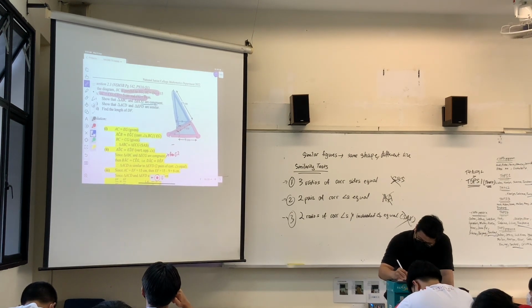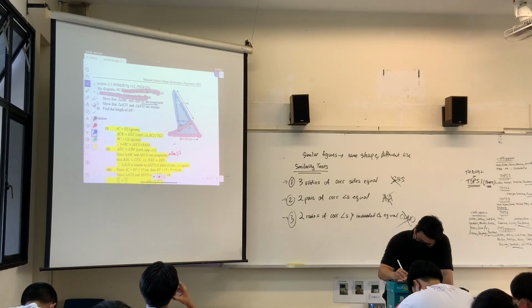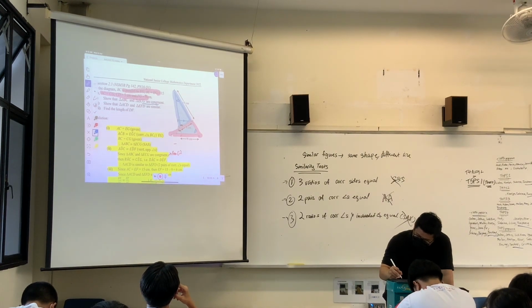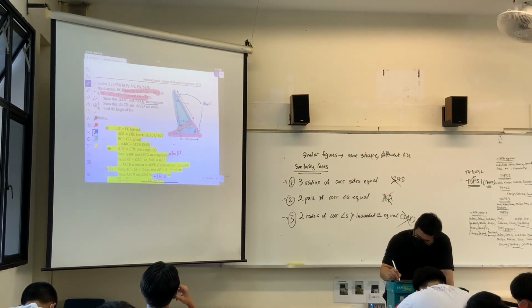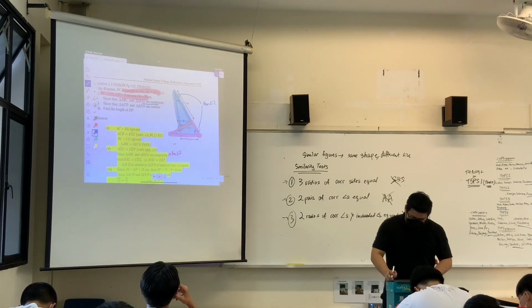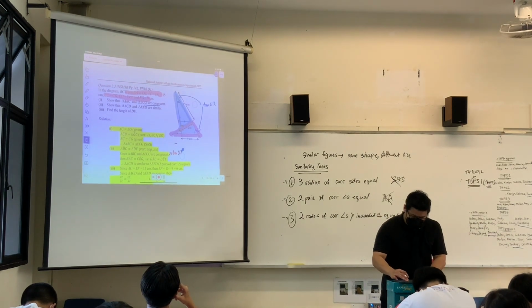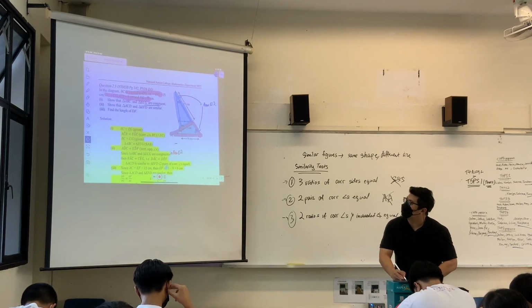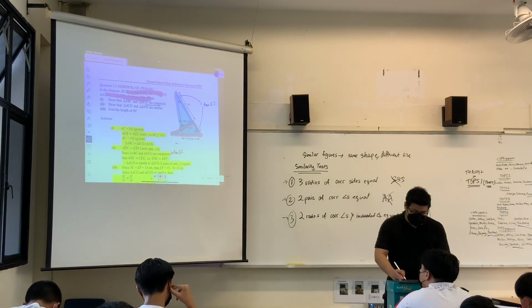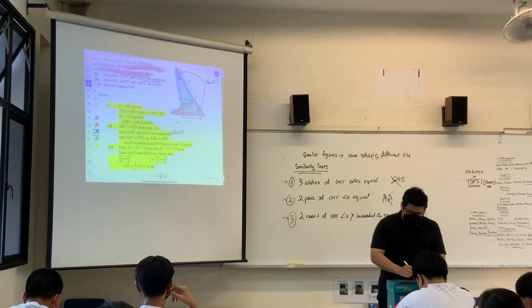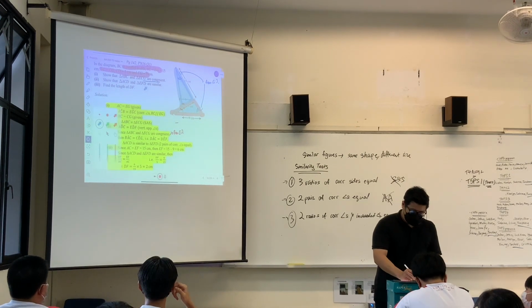So we also know from part 1 that these two are also equal. Okay? This is from part 1. So with that, we can prove that there are two pairs of corresponding angles equal. Okay, but just by using AA, but we cannot write AA.